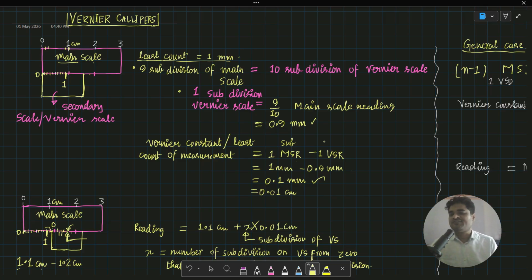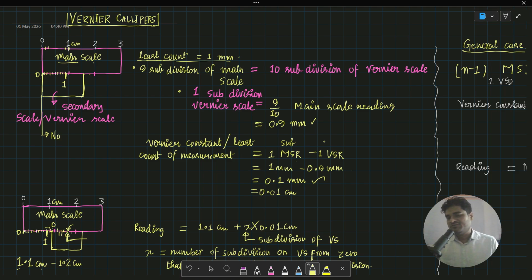but we are not using it standalone; we are using main scale and Vernier scale together. They are joined together, and when there is no object, both zeros are aligned, and when both zeros are aligned we say that there is no zero error.